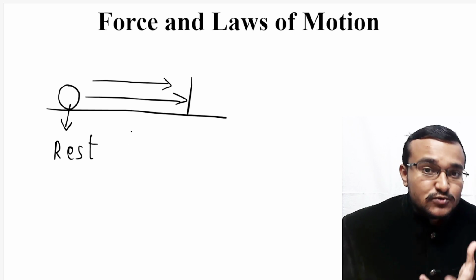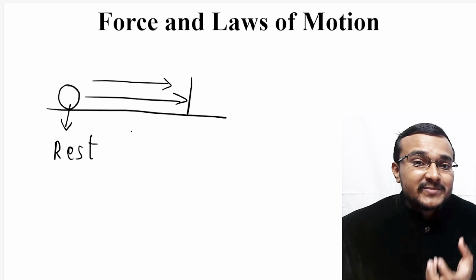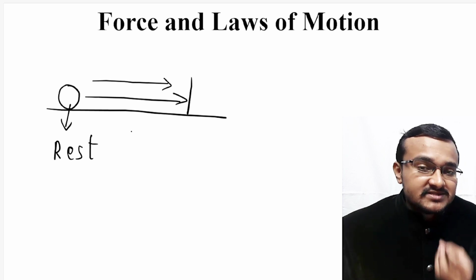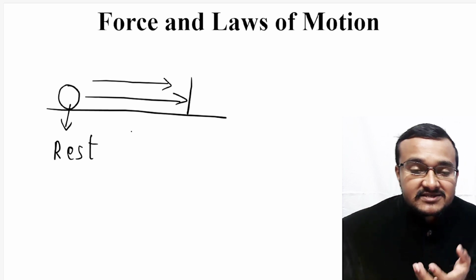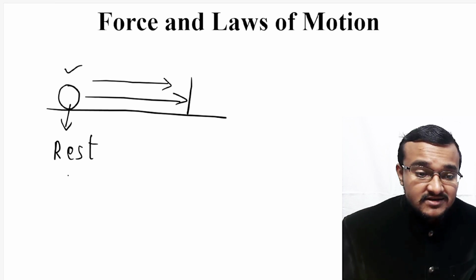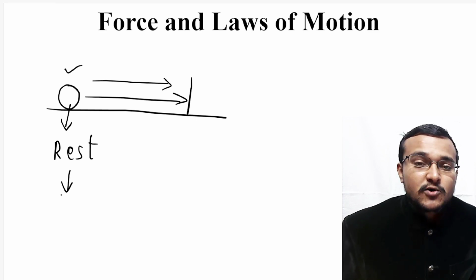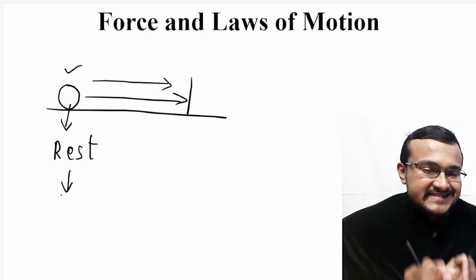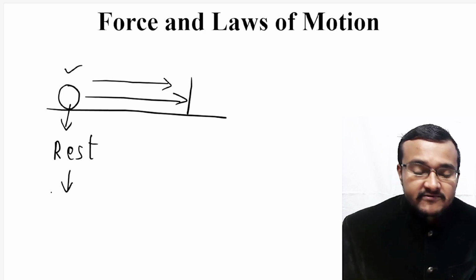What makes this object move, and also what makes it stop, is the big question we have to answer in this chapter. When the object was at rest, this state is known as the state of rest.